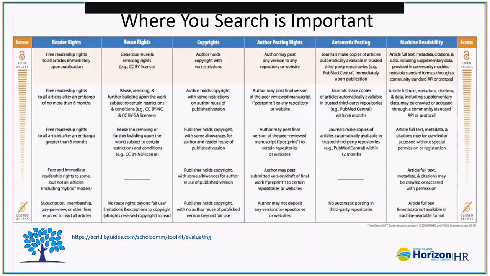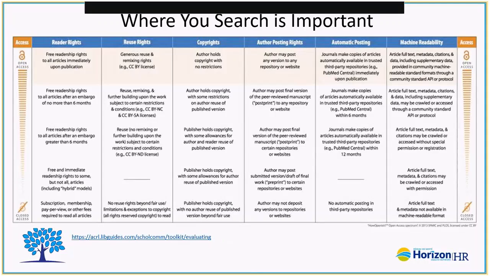So to start off, where you search is important. This little graph comes from the Association of College and Research Libraries. And the content is important, but what I want you to get from it right now is that there's a sliding scale and a lot of gray zones between open access and closed access.